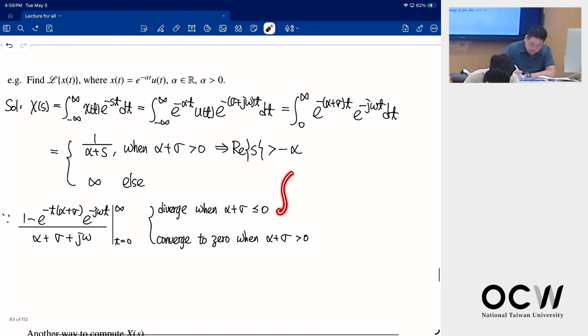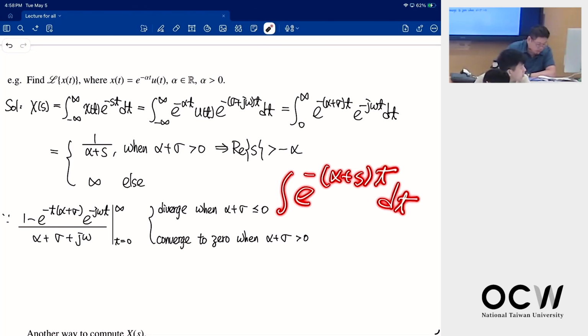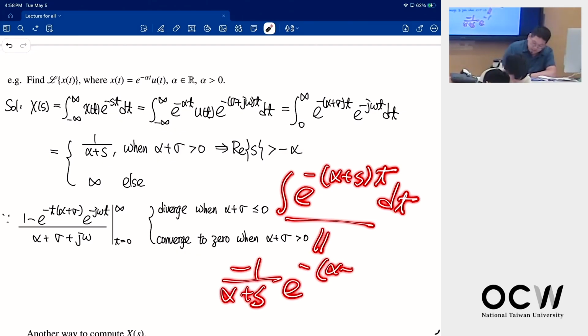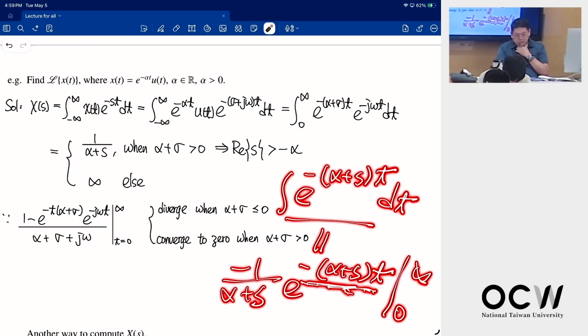Okay, because e to the minus (alpha plus s) t dt, this you'll get what? Minus 1 over alpha plus s e to the minus (alpha plus s) t, and t is from 0 to infinity. Okay. So here, when t is 0, that's okay, but when t is infinity, then this one should be greater than 0. So overall, this is negative.